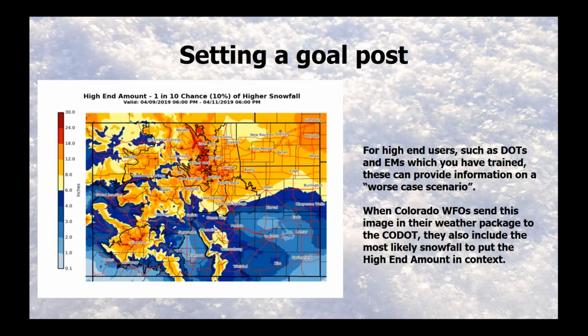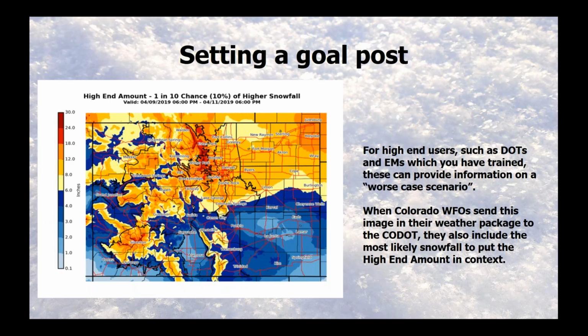Another thing you can use this data for is actually setting a goalpost. So in Colorado, they will put out the 1 in 10 chance, or the high end amount of snowfall, in all their sit reps to their DOTs. And why do they do that? Well, they work with their DOTs to show them that this is giving them the worst case scenario or a near worst case scenario.